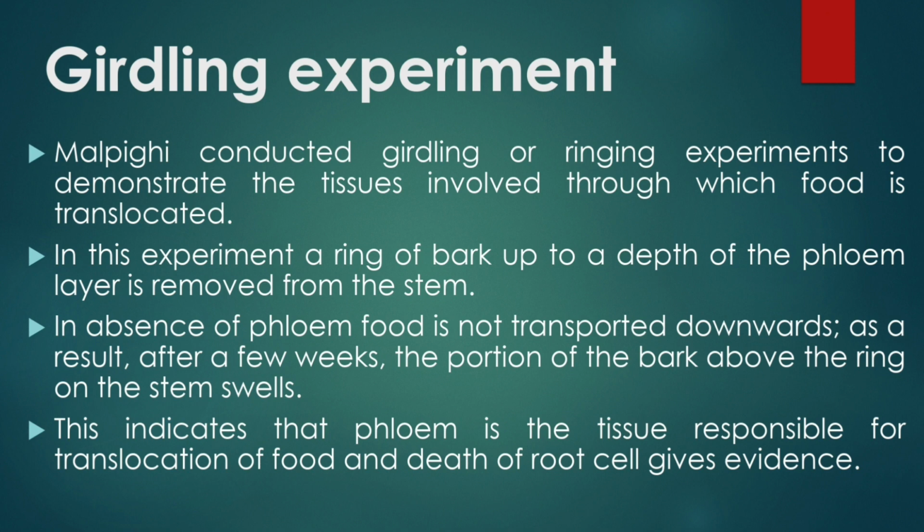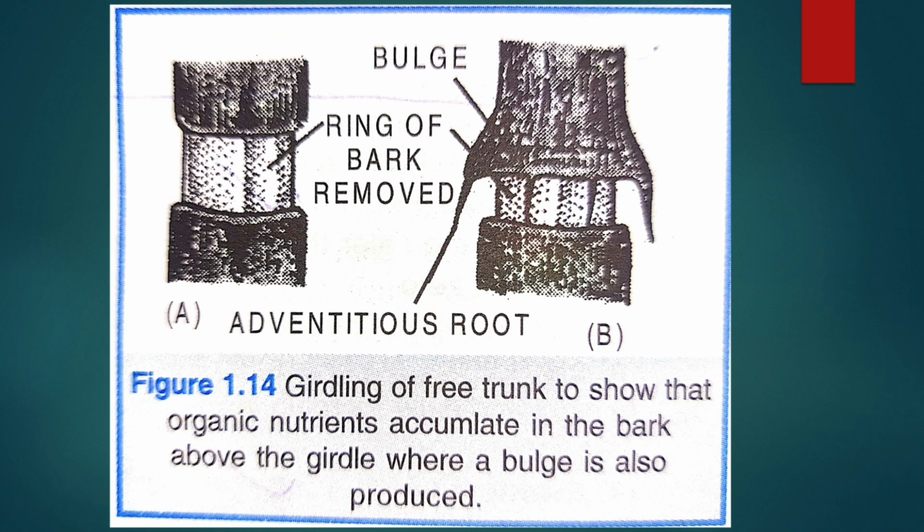It gives an evidence. So here he removed the bark up to the phloem. All the tissues are removed, but after some days there is a bulge or outgrowth seen in the bark above that removed part, which shows that the food particle comes down and is stored here in the bulging part, because it cannot come down through phloem, because phloem is removed in that part.